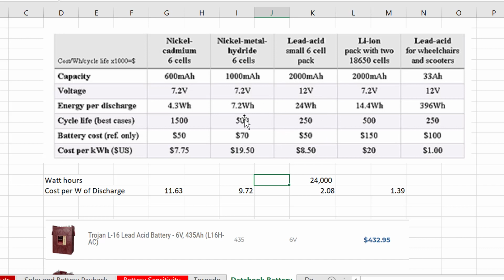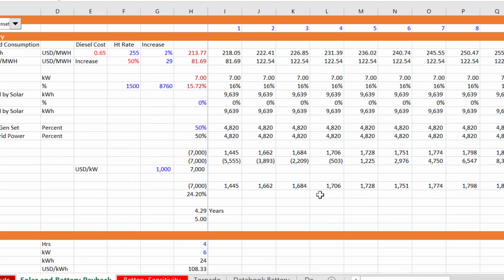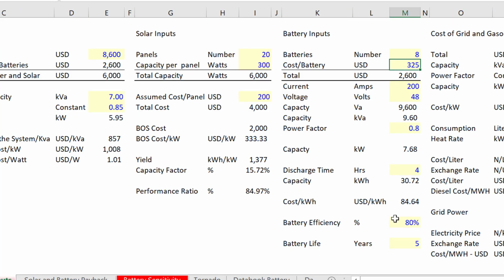They say the life cycle in the best case is only 250 cycles, which is nothing because there are 365 cycles in a year if you use it every single day. So determining the battery life is a really big deal.